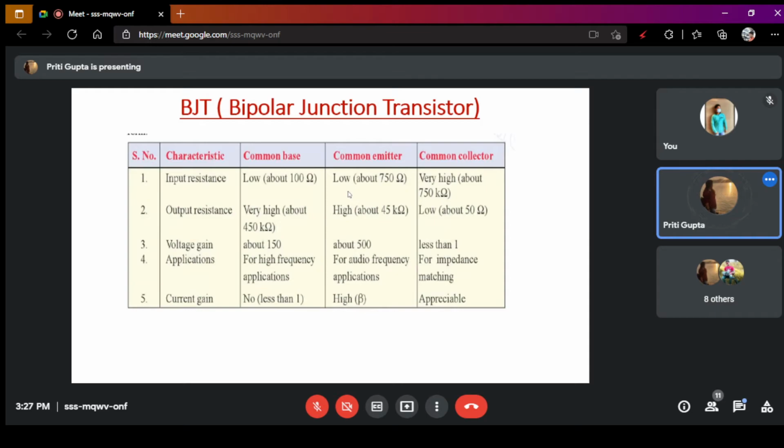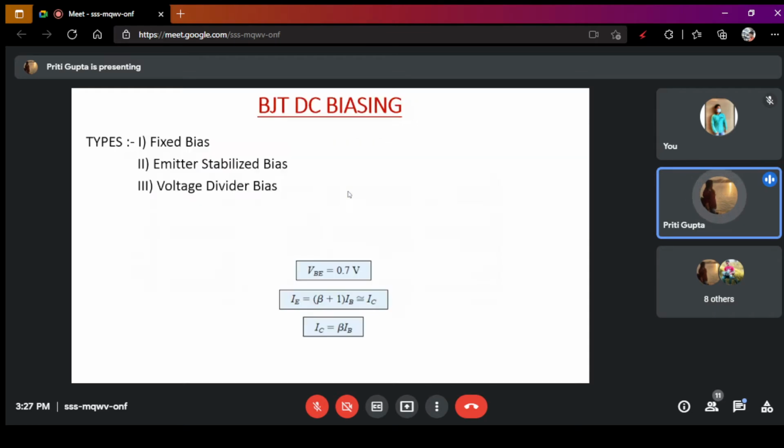Okay. Now let us go to the biasing part. BJT DC biasing. This is in your syllabus. So just give a heading, DC biasing of BJT. If you are studying any book, I'll recommend that especially for this BJT and biasing part, go through Boylestad.